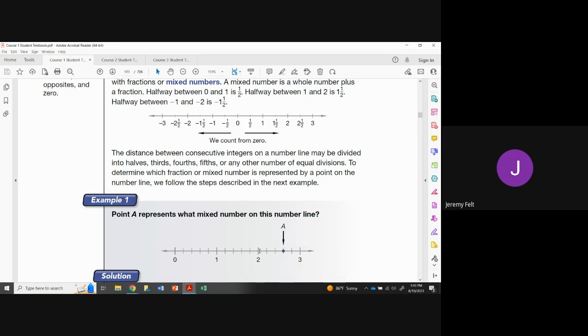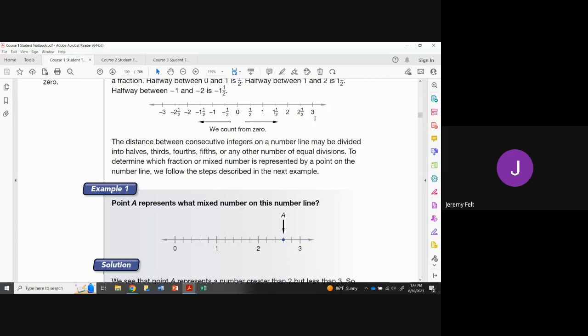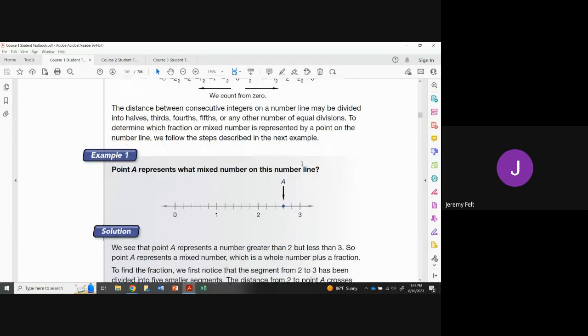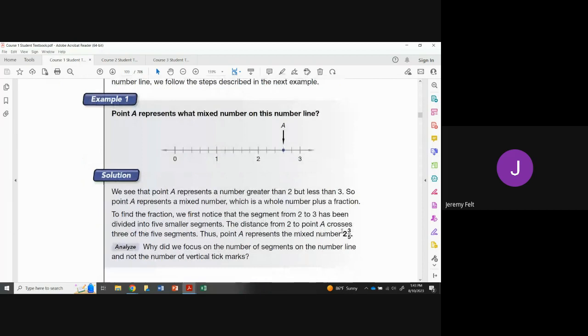So we're going to call that 2 and 3/5. Because there's 1, 2, 3, 4, 5 spaces between our integers. So that tells us what fraction we're working with. Up here, there were 2 spaces, so we're talking about halves. And so 2 and 3/5 would be the mixed number that we're looking at.